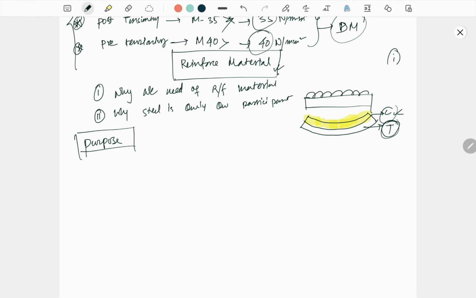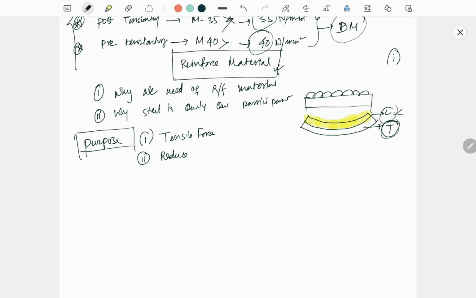So purpose number one, we need a material which can take the tensile force. Number two, we need a material which can reduce the size and shape of section.